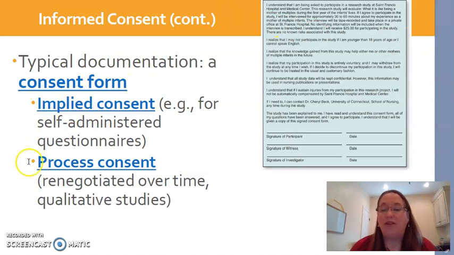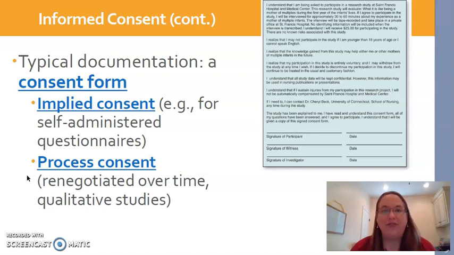We'll start with process first. Process consents are typically thought of in the realm of qualitative research. And the gist of that is that as qualitative researchers, we can sometimes veer from our typical pattern. So I thought I was only going to interview you one time for my study.